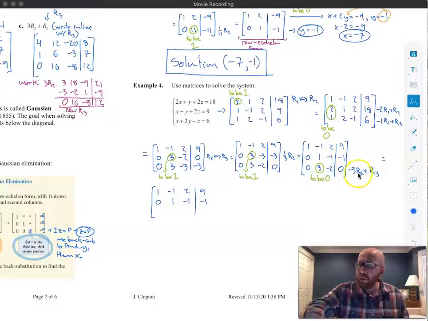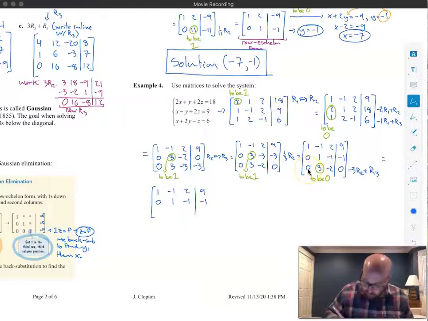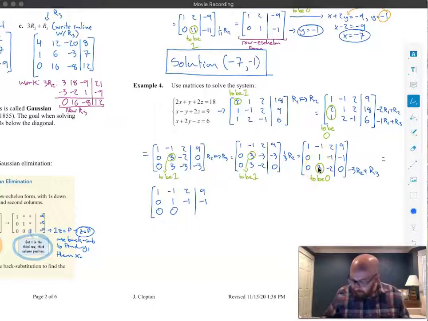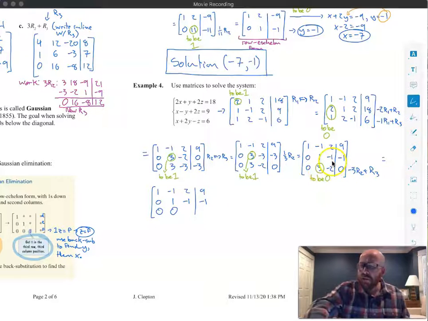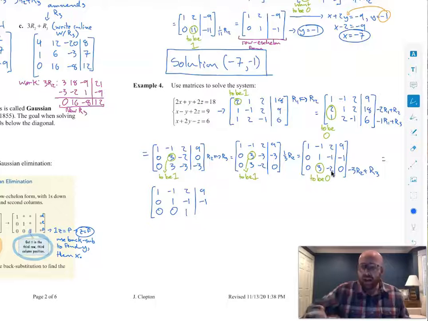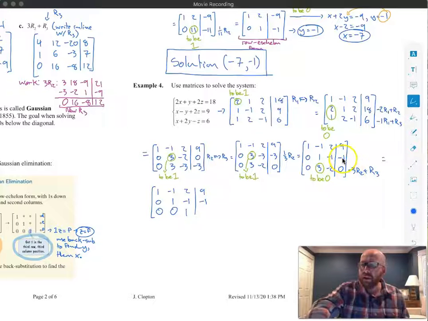So notice that 3 times 0 is still 0, plus 0, we're still going to get 0. Negative 3 times 1 is a negative 3, combined with a positive 3 is 0. Negative 3 times a negative 1 is a positive 3, combined with a negative 2 is 1. And then negative 3 times a negative 1 is a positive 3, combined with 0 is 3.